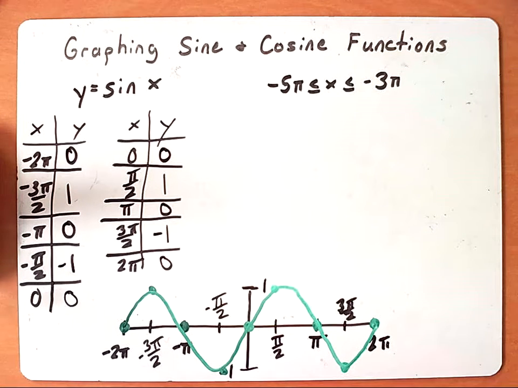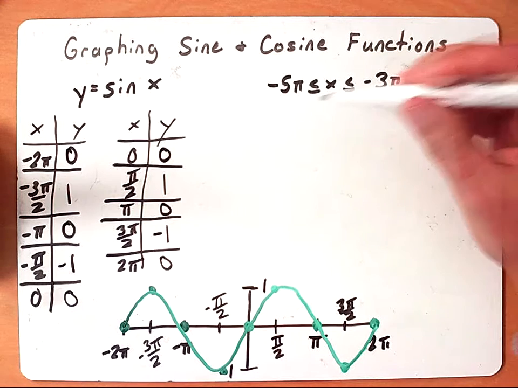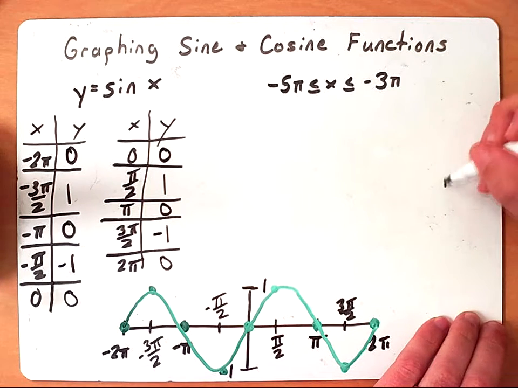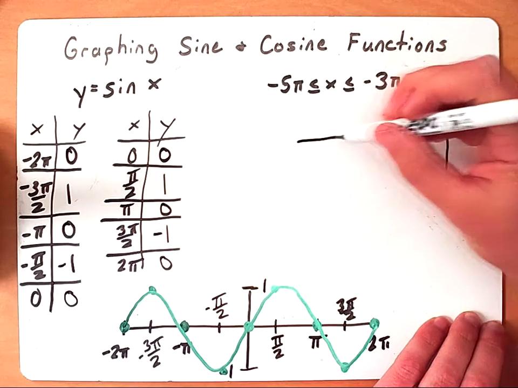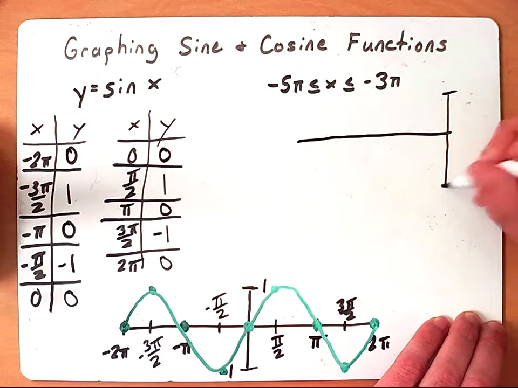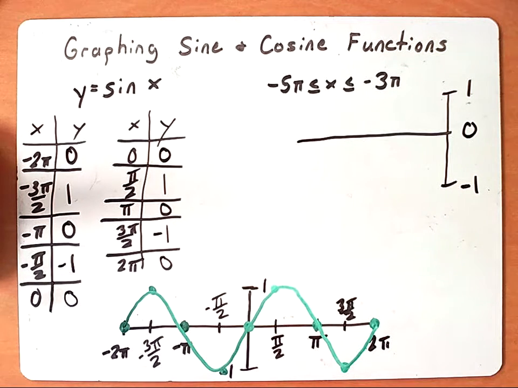So the first thing I'll go ahead and do is draw out an x and y axis for this. Since we don't have any positive values, I'm not going to worry about drawing any positive axis. So it's only going to go from 1 to -1. This midline would be 0.